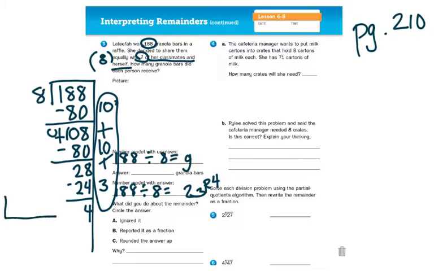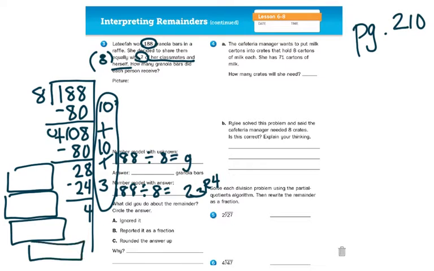But you know what I can do with those 4 granola bars? I could divide them up and we could eat them right now. I could divide each one into 8ths. I'm going to take those granola bars and I'm going to go ahead and report it as a fraction.